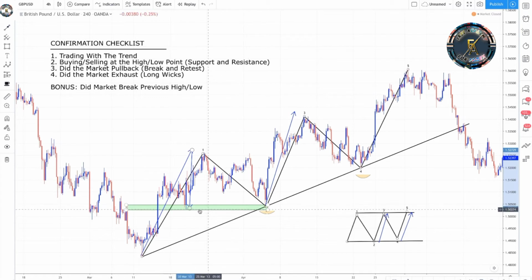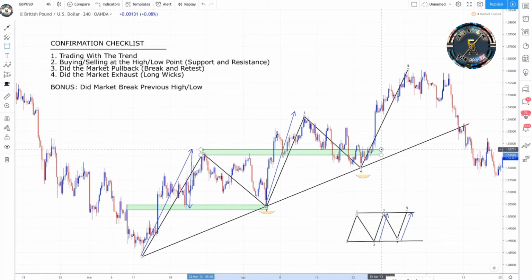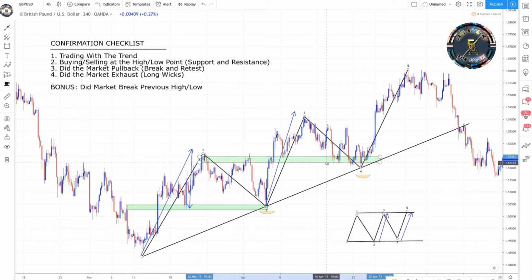So as you can clearly see here, the market was able to come up, break its previous resistance, and establish a new support. The market is always in a motion of breaking and retesting different levels inside of the market.